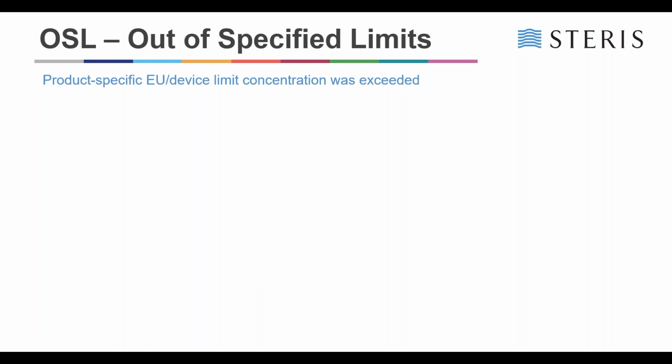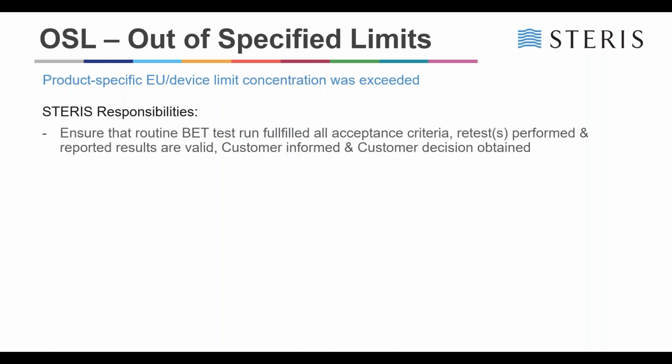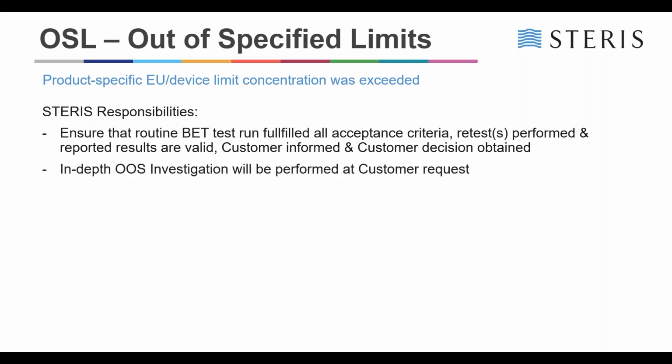So we want to take a closer look at out of specification limits and what's needed there when products exceed the limits required. The testing laboratory's responsibilities include the acceptance criteria, any retests, possible investigation into what happened with the test or the testing requirements.